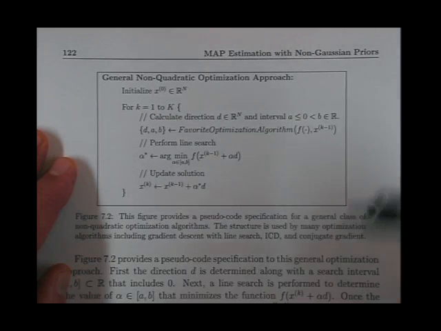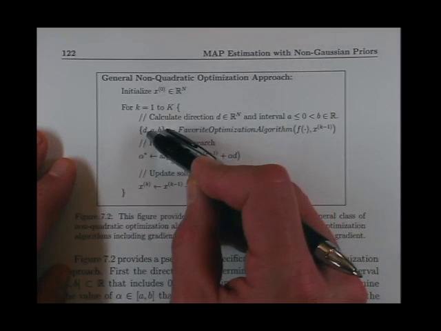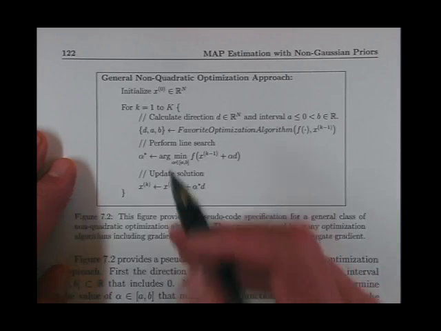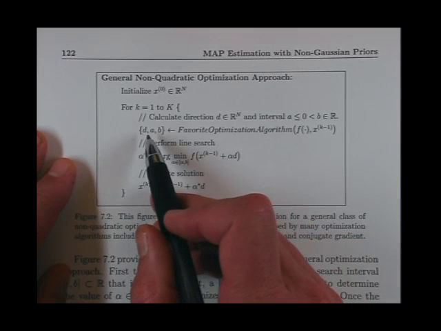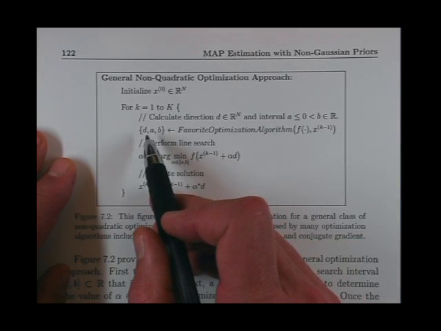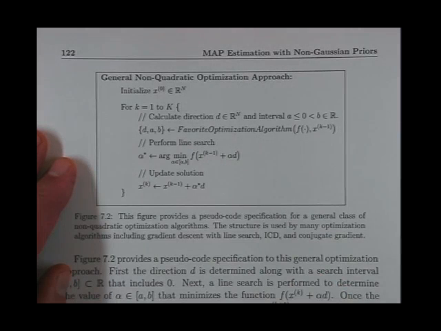The difference between different algorithms tends to boil down to how you pick this direction. If you're doing gradient descent, then the direction is just the gradient. If you're doing conjugate gradient, then that direction is the conjugate direction. If you're doing coordinate descent update, then those are just individual pixels, right?